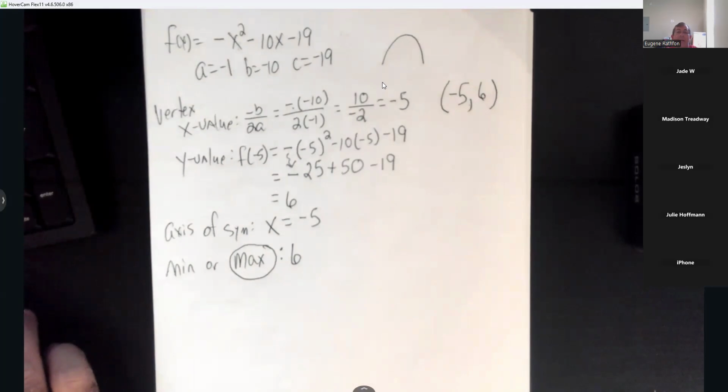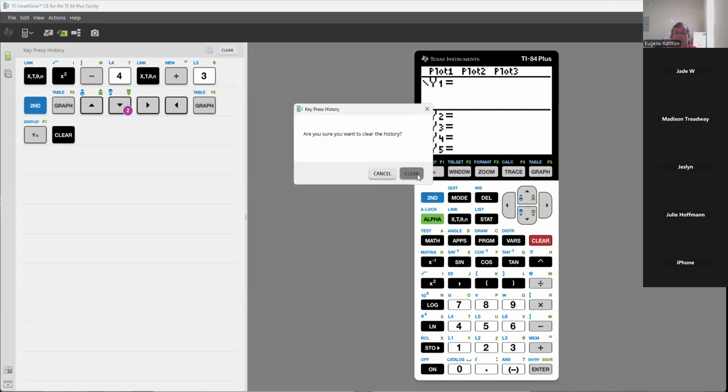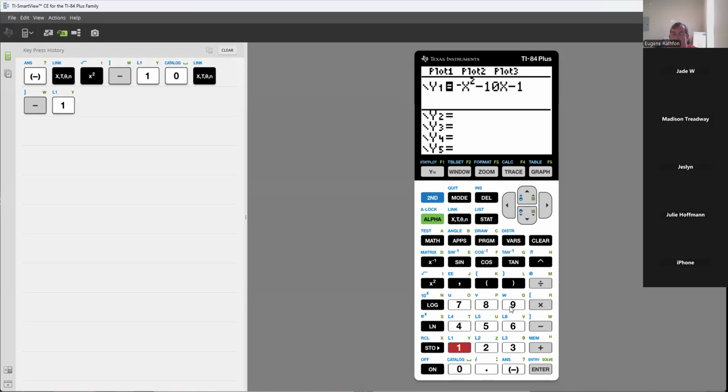So let me go to the calculator. Go to y equals. I'm going to clear this one out. All right, y'all, we had -x squared minus 10x minus 19. All right, y'all, so let's hit graph and see what's happening.